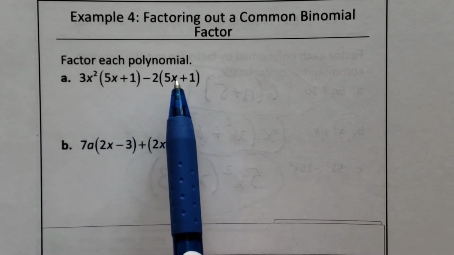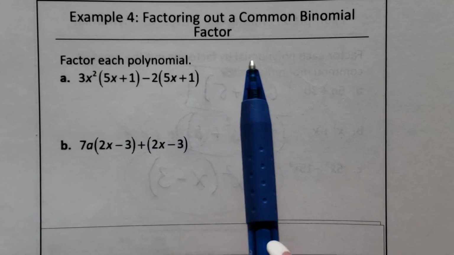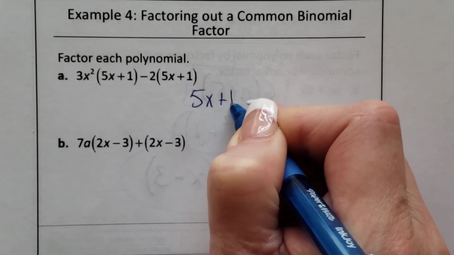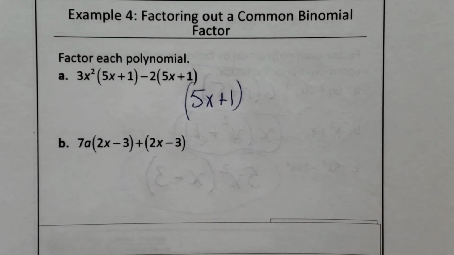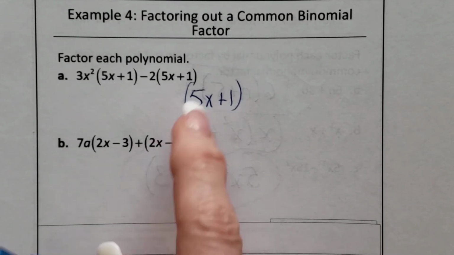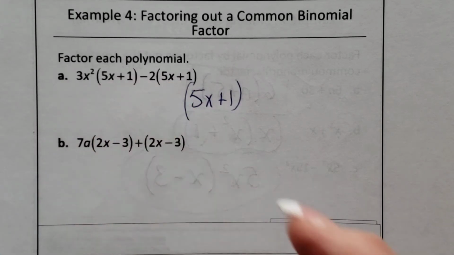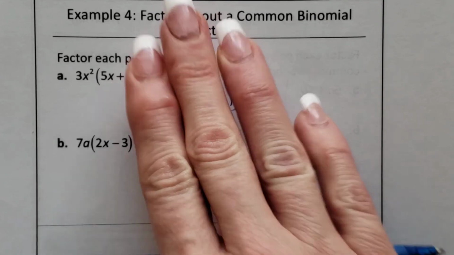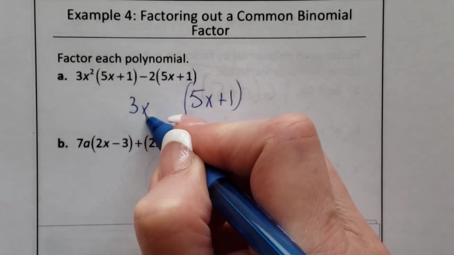So when these 2 parentheses match exactly, you're going to pull out what's in the parentheses and say this is a common factor of both of those terms. But if you pulled out what's in parentheses, what would you have left? 3x squared.